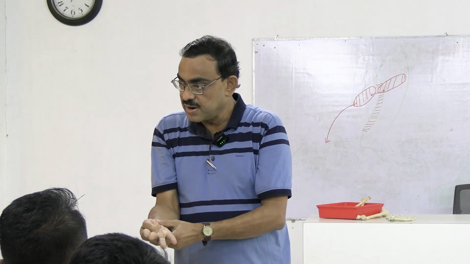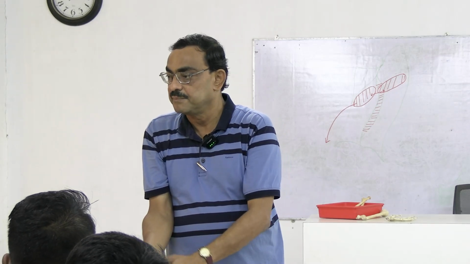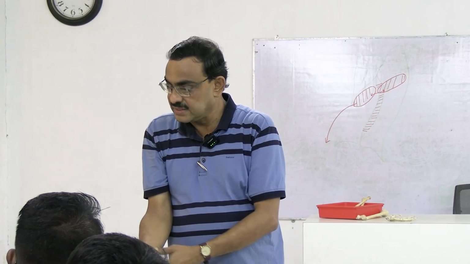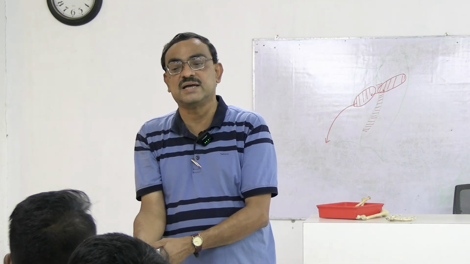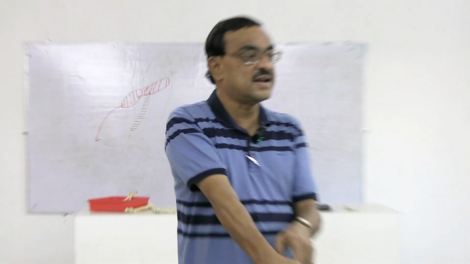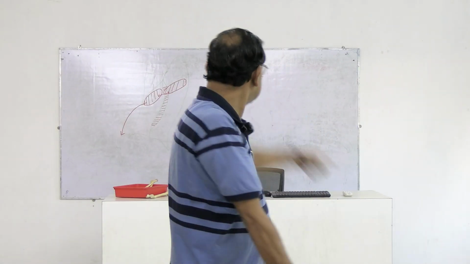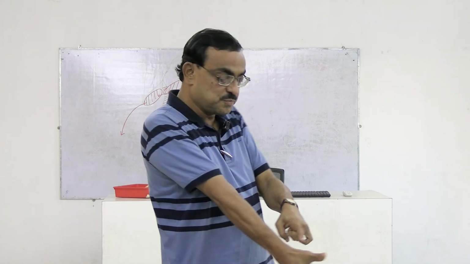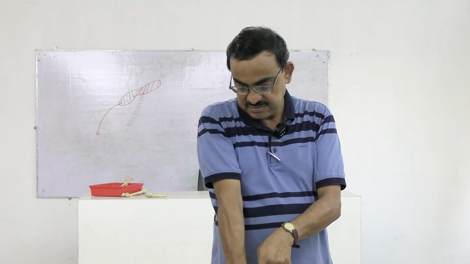It is parallel to the plane of the thumb, and this is at right angle to the plane of the thumb. This is abduction, and we can find the tendon also, that tendon of this muscle, that muscle which becomes tendon, and we can see it here.